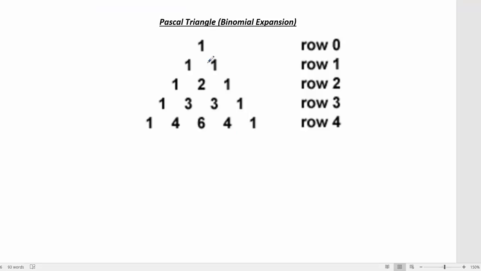If you look to this number and look to the 2 numbers above it, 1 plus 2 makes 3. 2 plus 1 makes 3. 3 plus 1 makes 4. 3 plus 3 makes 6. 1 plus 3 is 4. So that's how they're made. 1 plus 1 is 2. The number that you're looking at is made by the 2 numbers above it diagonally from it.